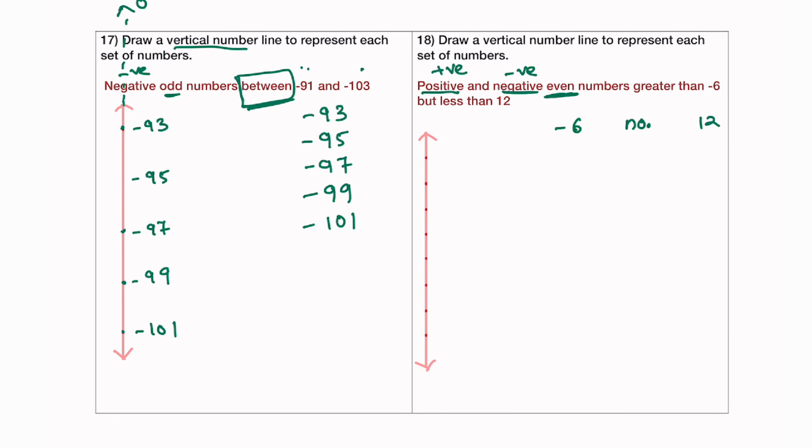Now how do I put my inequality sign? Greater than minus 6 but less than 12. See how when I read, it tells me what inequality sign will go where. So read it carefully, put the numbers and then read again until your mind interprets it right.